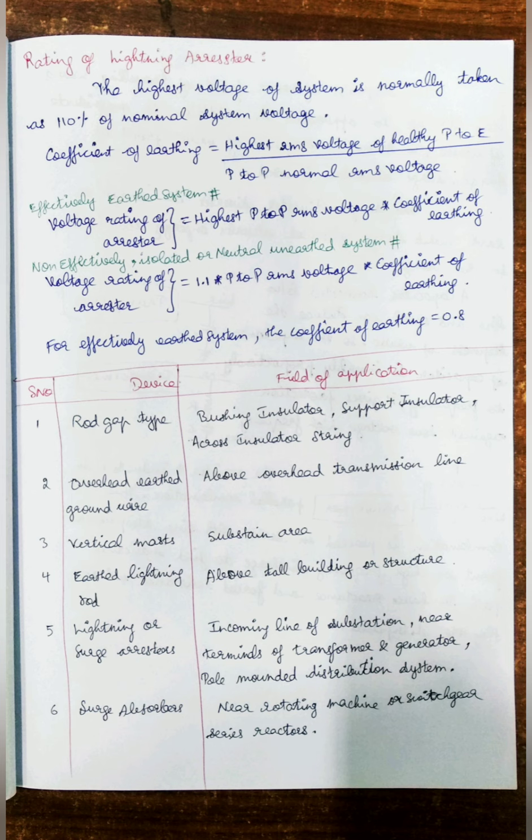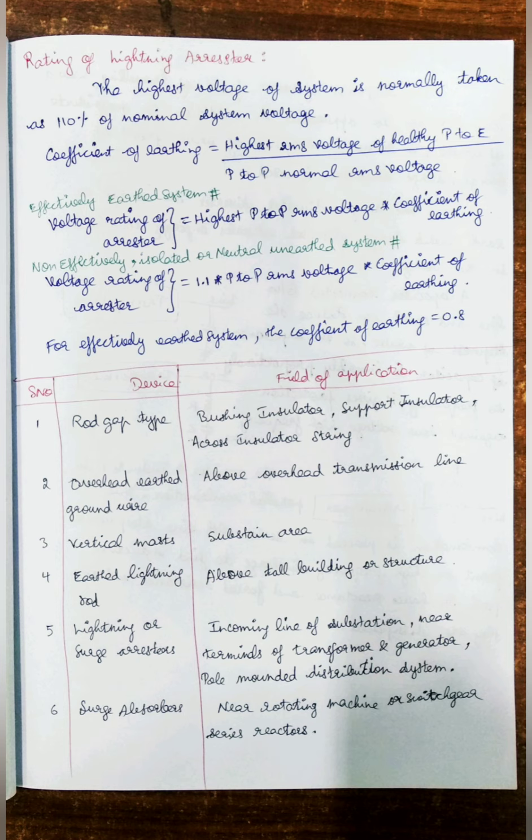Next, commonly used lightning arrestors and where they are used. Rod gap type is used in bushing insulators or support insulators, or across support strings in AC and DC systems. Next, overhead earthed ground wires, which will be used in your transmission lines.